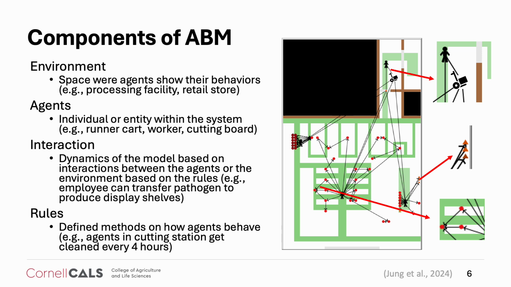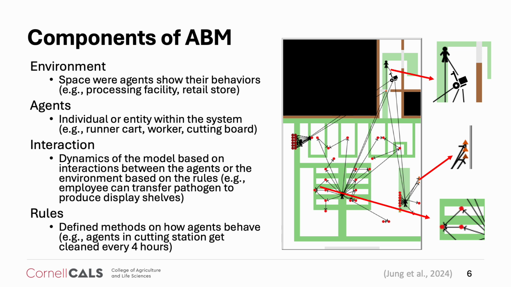During each of these interactions between all the connected agents, each agent follows a set of rules. The rules are defined methods on how agents behave. For example, the ABM of a produce section of the retail store shown here has different events scheduled during a simulation. A part of this map shows a cutting station where the produce are pre-cut and the agents in this location get cleaned every 4 hours during the store operation.